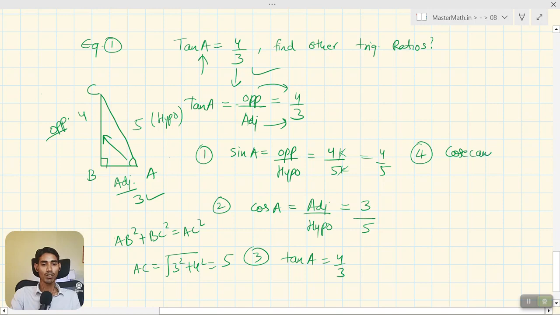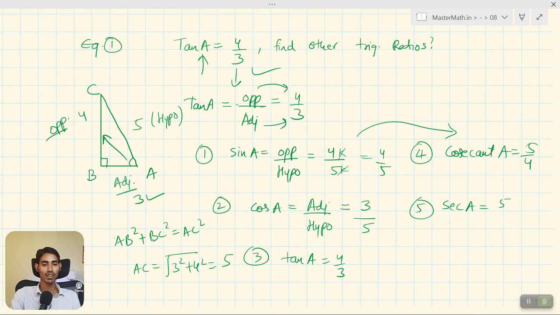Cosecant is reciprocal of sine, so it would be 5 by 4. And same for secant, sec A, that is 5 by 3, reciprocal of cos. And sixth one is reciprocal of tan, which is cot, and that would give us 3 by 4.